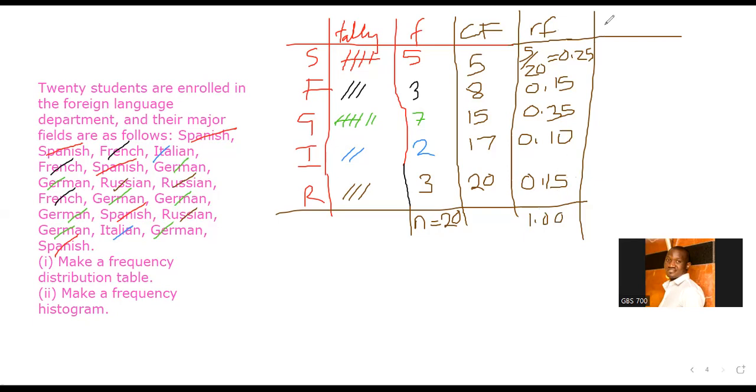You can also come up with what is called a relative cumulative frequency. You start with bringing this 0.25 here.